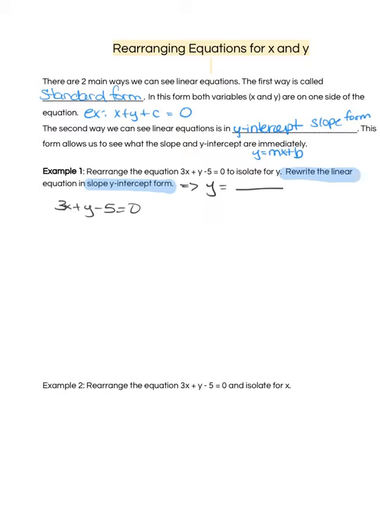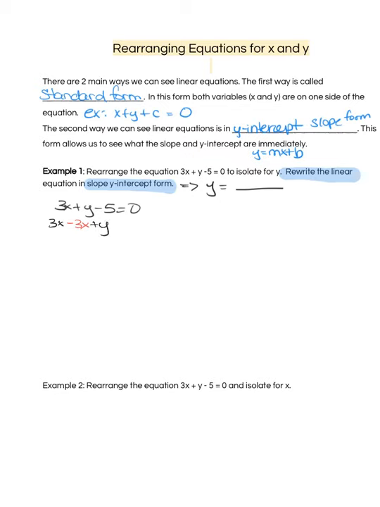And we do this exactly the same as with every other question that we've been rearranging. So the first thing I'm going to do is look to see what sign is in front of this 3x. And there's no sign there, so we assume that that's a positive. So to get rid of a positive, I'm going to end up subtracting. So this was my 3x, I'm going to subtract it.